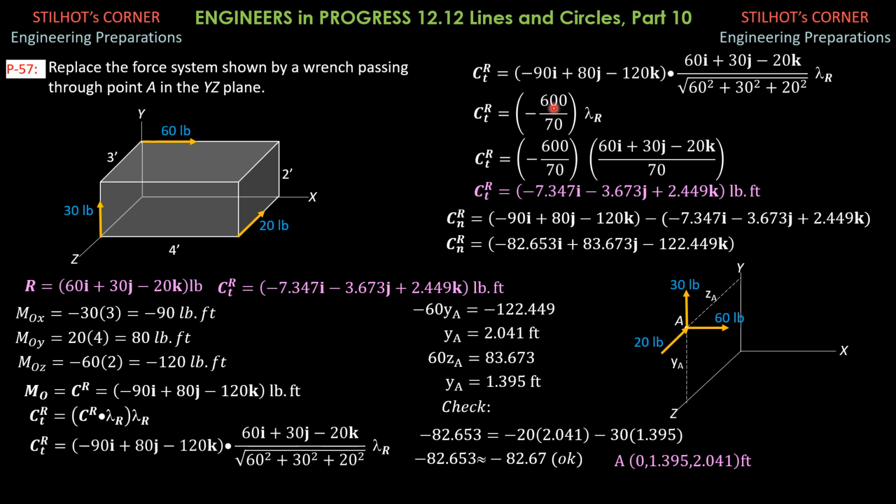The twisting moment is negative, so it means that the screw is not driven but rather unscrewed, so it pulls out from the point where it should be driven.